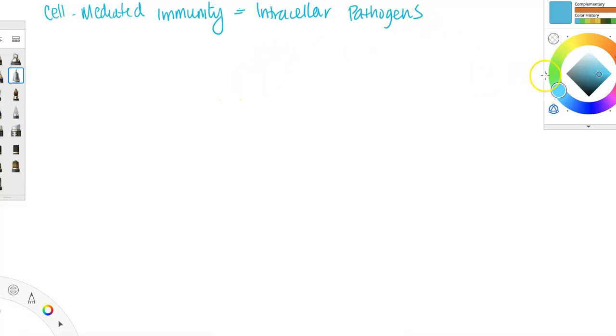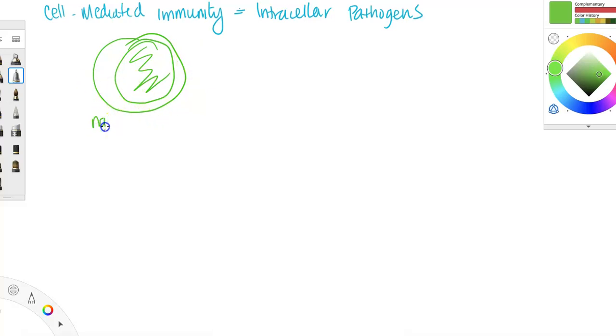So when we have a naive T cell, this is a cell that's just gotten through its little education, and it's out and about, and it does not see its antigen. It doesn't see extracellular pathogens.